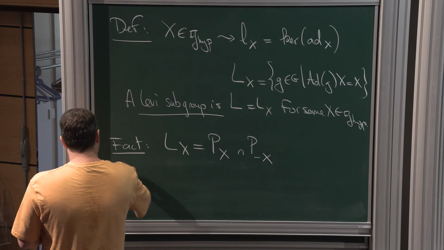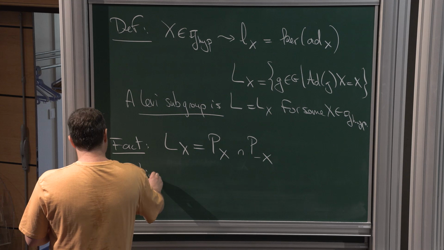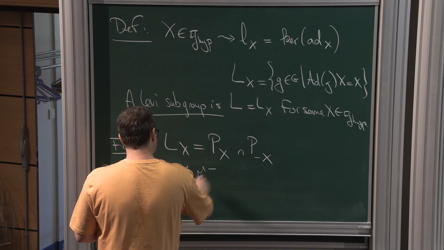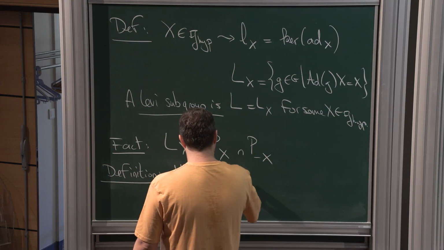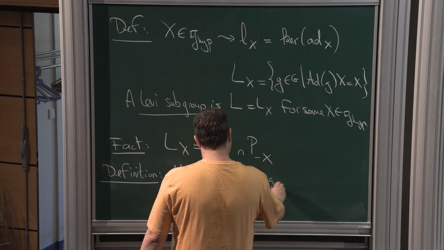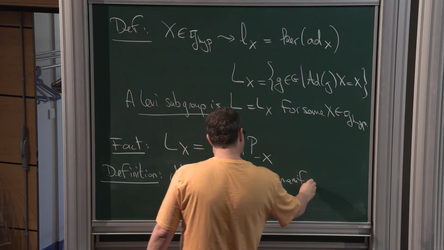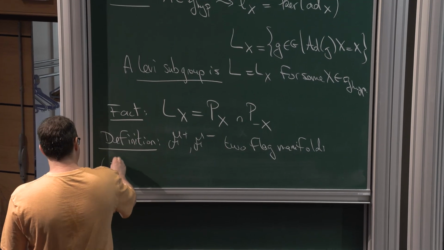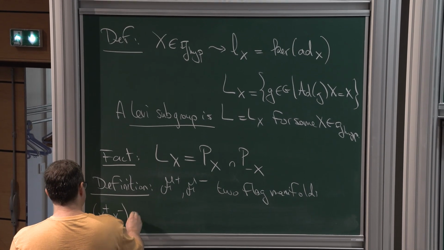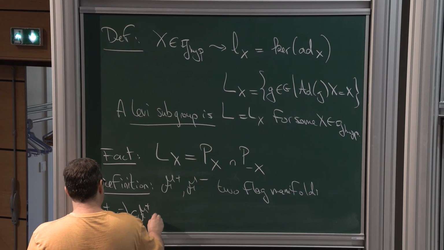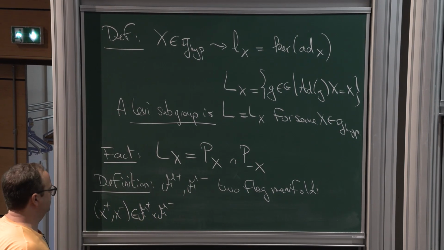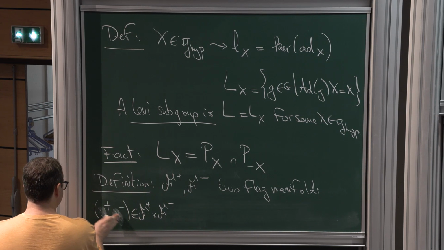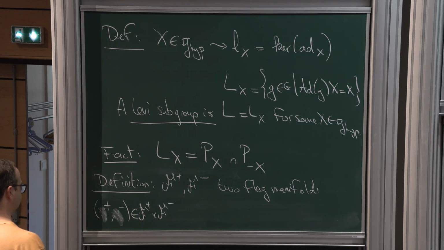Now from this, we'll have a general definition in flag manifolds. If you have F plus and F minus, two flag manifolds for the same group G, and you have some points in there, let me change my letters here. I feel like my small x's and large x's will be really confusing.